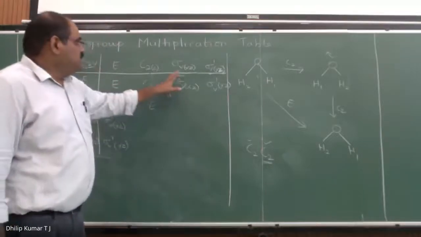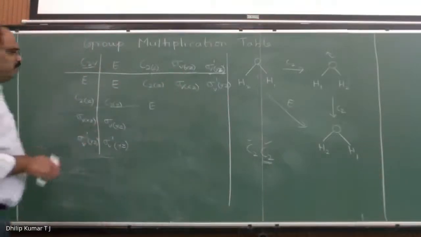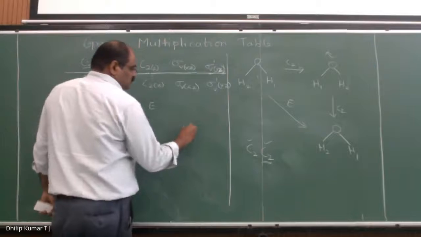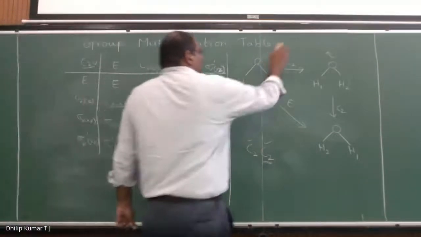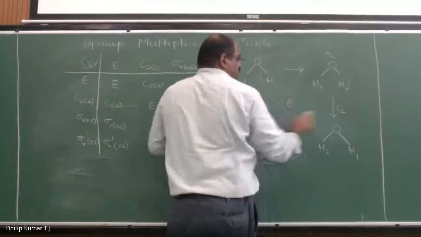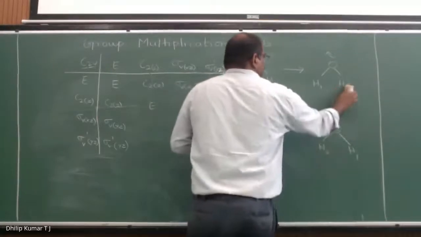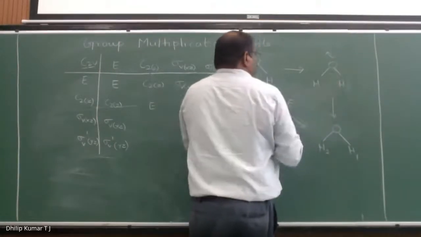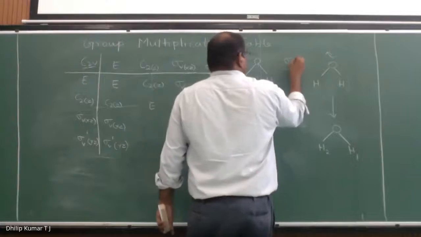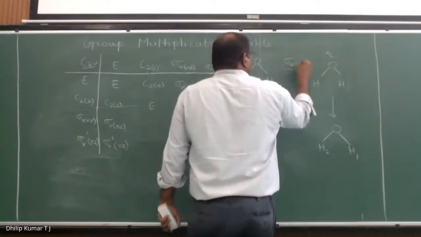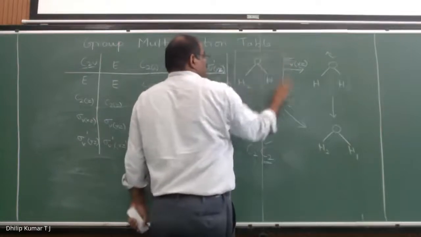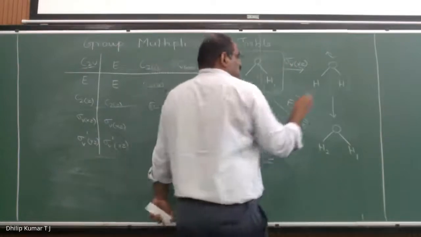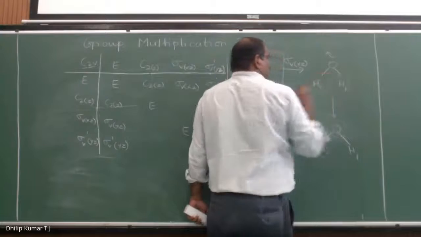Sigma V into sigma V, again it will be E. You can check it. Here you can see, if you place a sigma V plane of Xz on this molecule, nothing is going to change. The H2 will remain there, H1 will remain there.